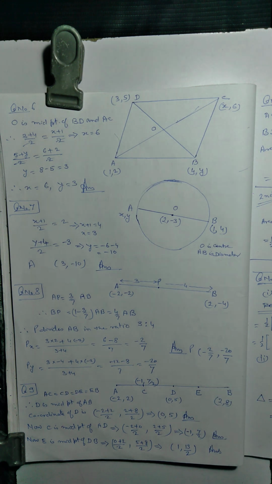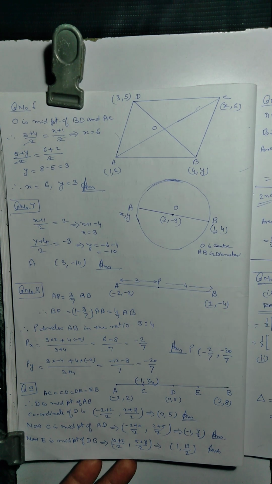Now proceed to question number 10, which states: find the area of the rhombus if its vertices are (3, 0), (4, 5), (-1, 4), and (-2, -1), taken in order.